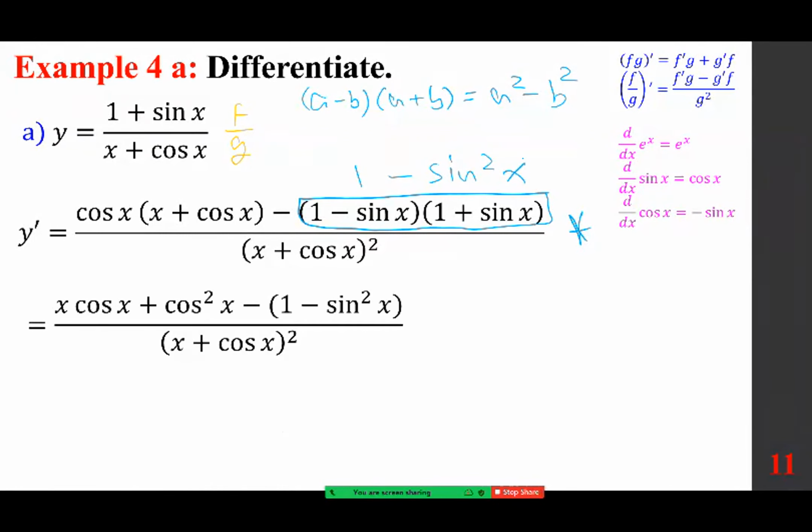So now we are looking at algebraic steps and also trigonometric identities. We know that sine squared plus cosine squared is 1. Therefore, 1 minus sine squared must be cosine squared.